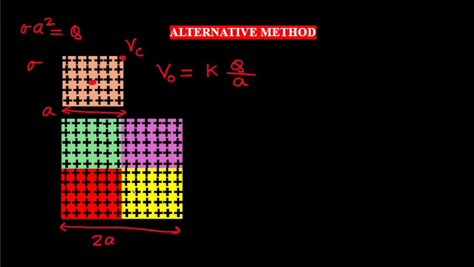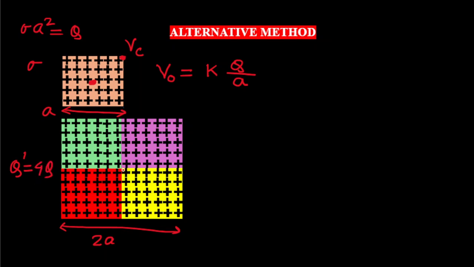And each plate is carrying charge Q. So this whole big plate will have total charge Q prime equal to 4 times capital Q.